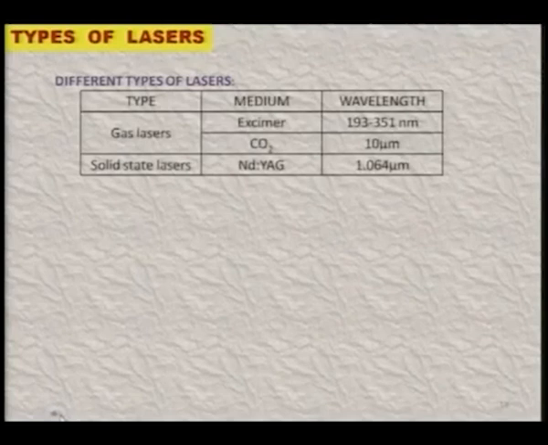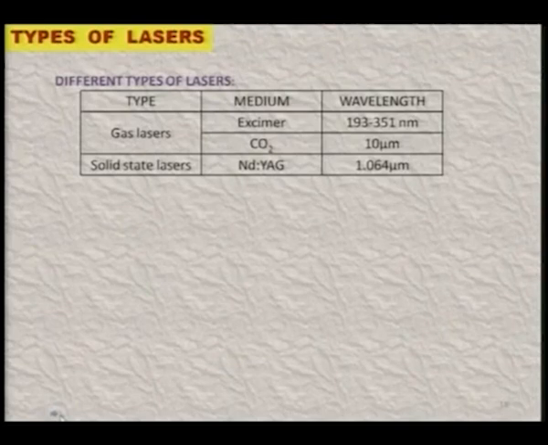Different types of lasers, you can see here basically two types of lasers are there. One is the gas lasers and another is the solid lasers. Now, in case of gas lasers, only two are shown over here. One is the excimer laser, whose wavelength varies from 193 to 351 nanometer, although this must have changed with the developments in the excimer laser in the recent past.